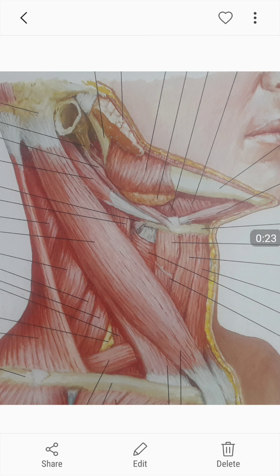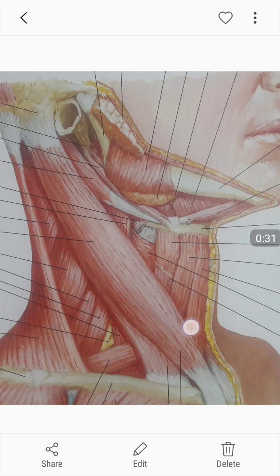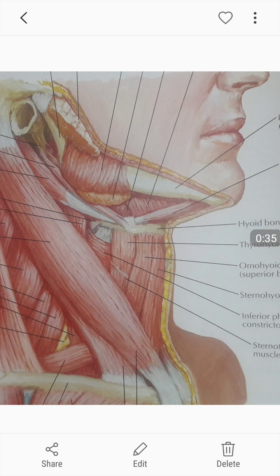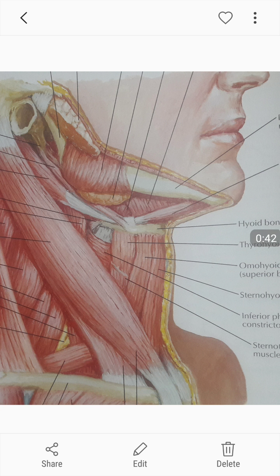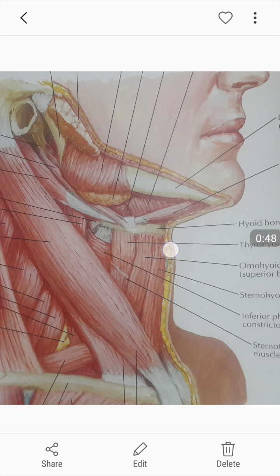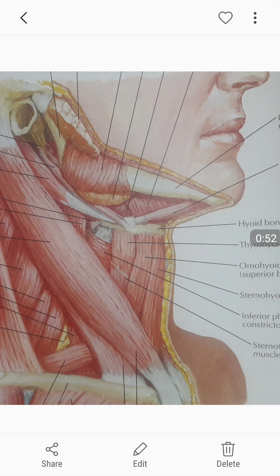Like the posterior triangle, the anterior triangle also has certain boundaries. Posteriorly, it is bounded by the anterior border of the sternocleidomastoid, and in the median plane we have an imaginary line which bisects the neck into two, starting from the symphysis menti, then the hyoid bone, and downwards in the median plane till the sternum.